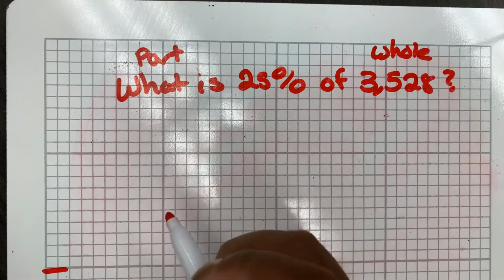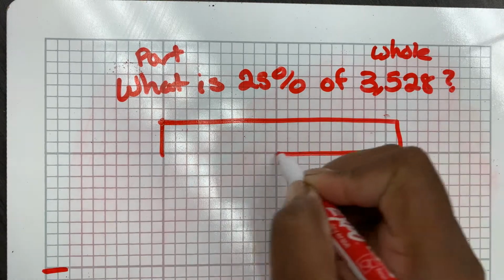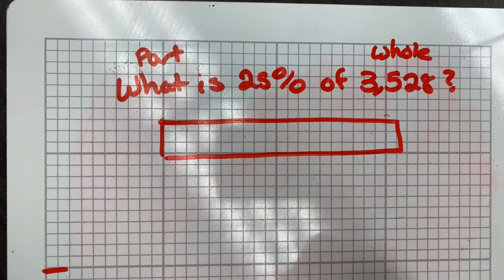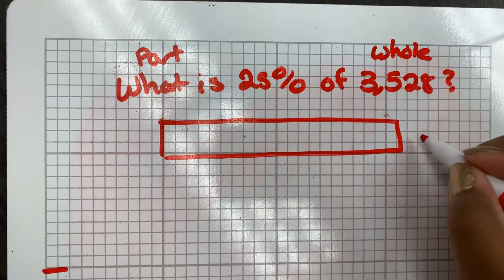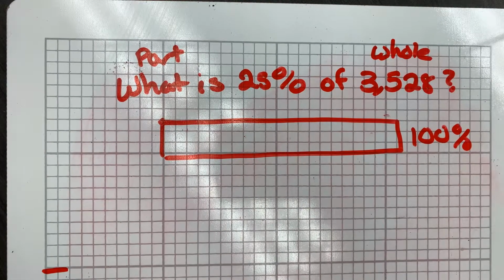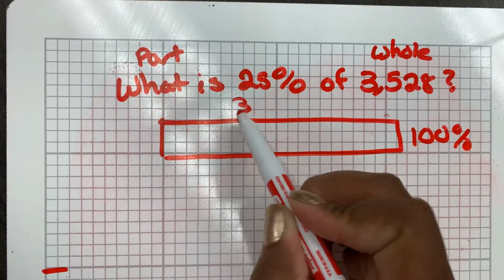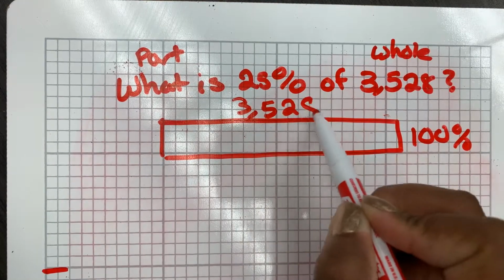All right, there are multiple ways to do it, but we're going to start with the visual way, using a bar diagram. This bar diagram represents 100% of the apple pie. And the apple pie, I told you, started with 3,528 calories.